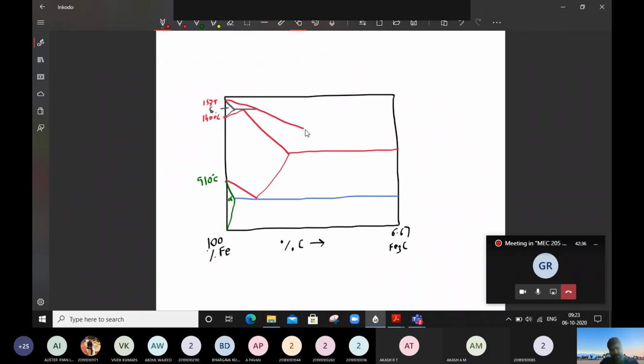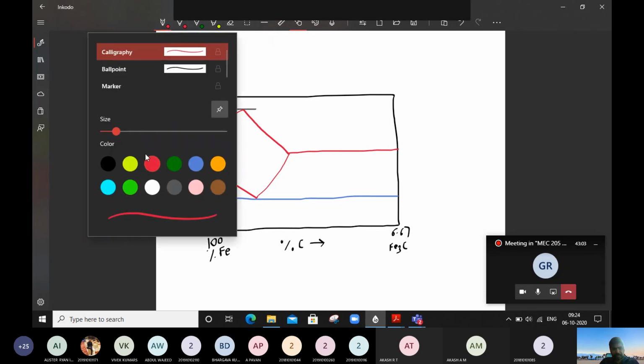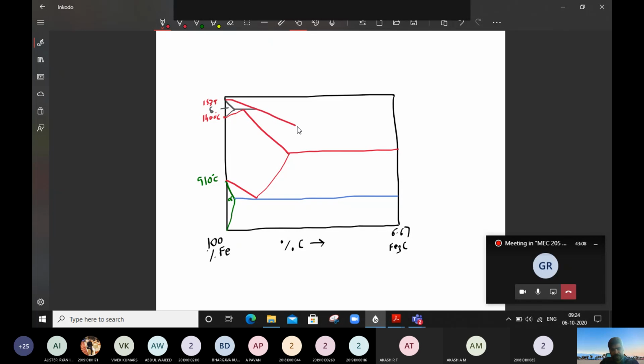You can take it like this and move it like this. Here it will be joined at this point and it will go like this. So this is the entire iron carbon phase diagram.